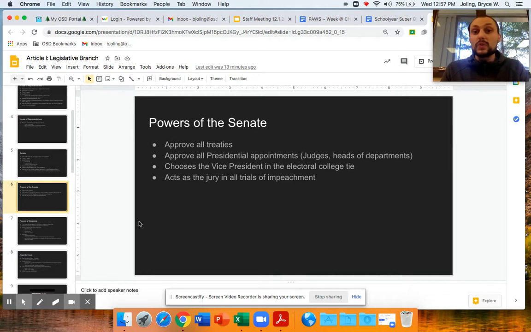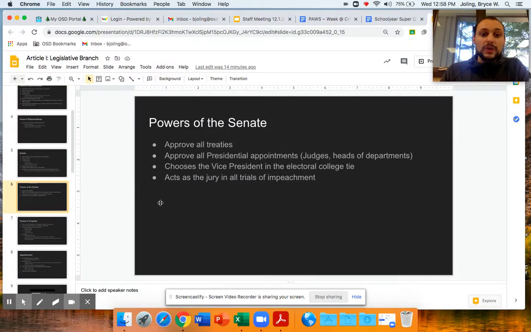So even though Wilson had negotiated this with other foreign countries, the United States never ended up ratifying that treaty, and we never joined the League of Nations because our Senate did not want to. In order for a treaty to become law, it must be ratified by the Senate.